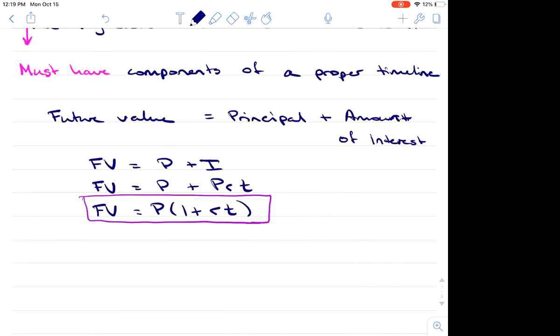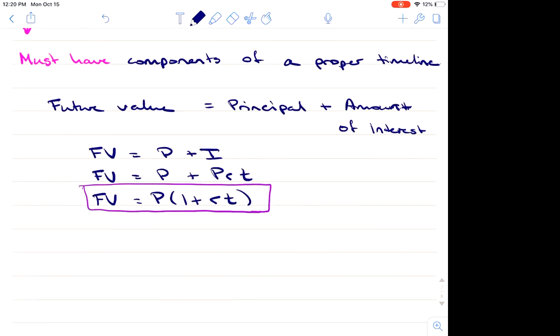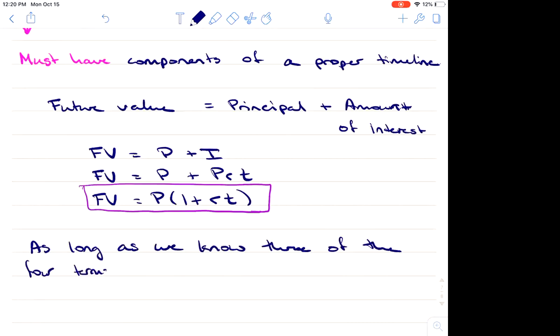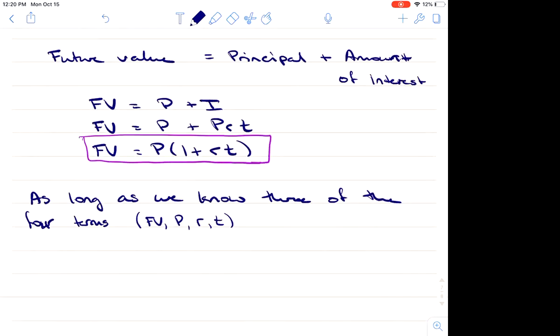Same idea: as long as we know 3 of these 4 things that we need to plug in, future value, P, R, or T, we can solve for the 4th one.